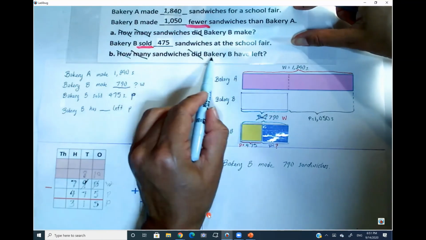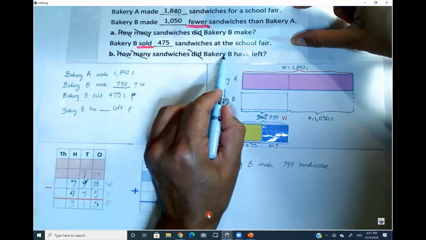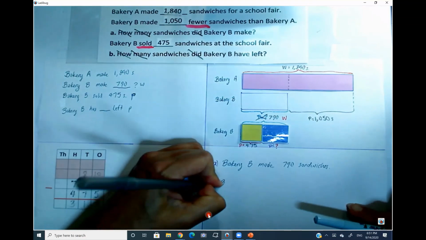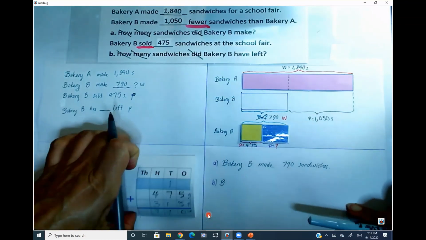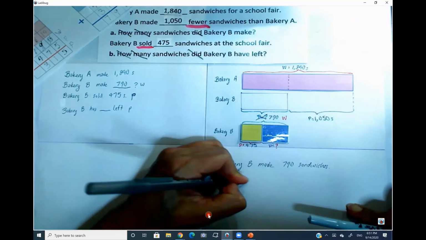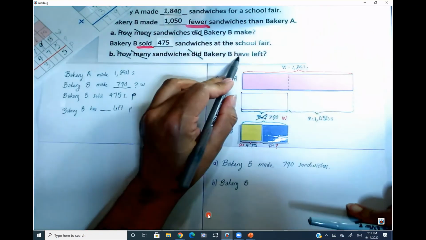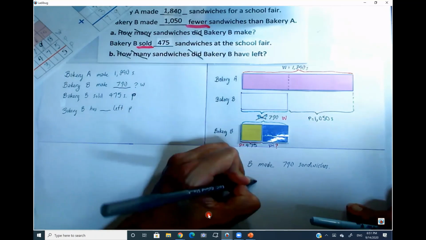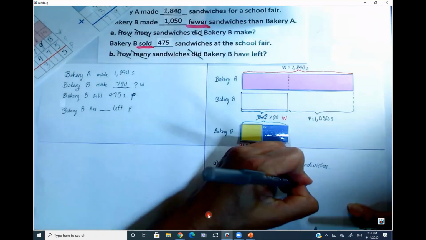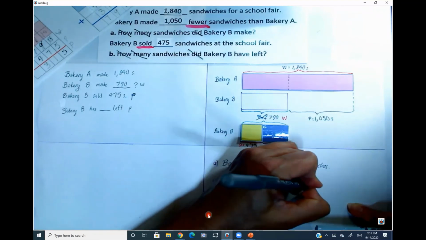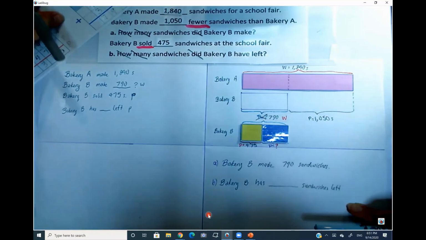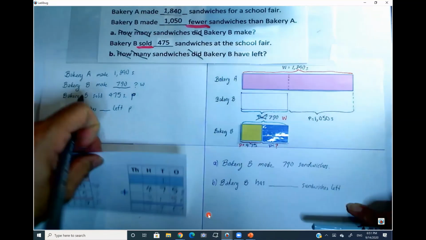So I always start with the subject, Bakery B. So I'm going to write that: Bakery B has blank sandwiches left.